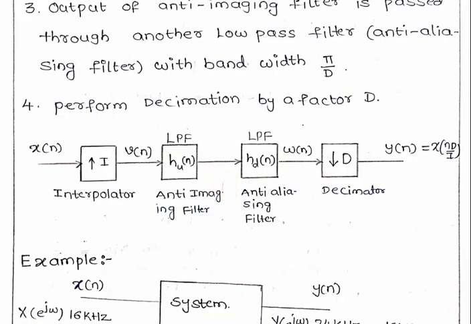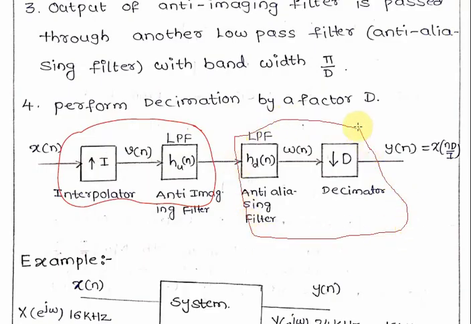As we have discussed in previous class, this portion represents interpolation. After interpolation, we need to use a low pass filter to avoid images, that is the anti-imaging filter. This represents the decimation process.